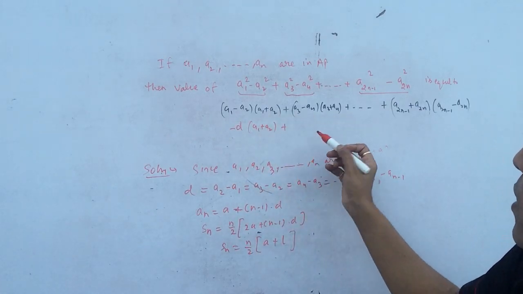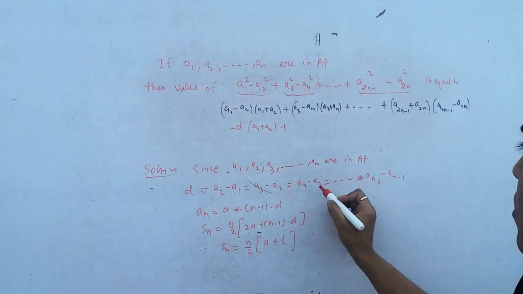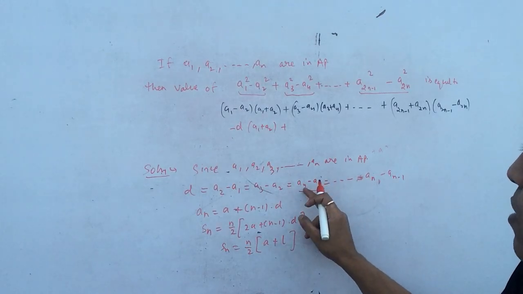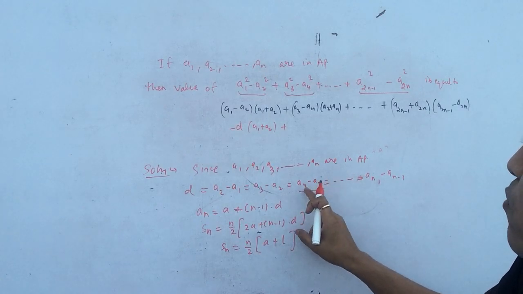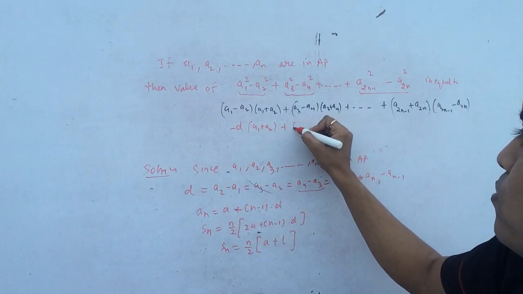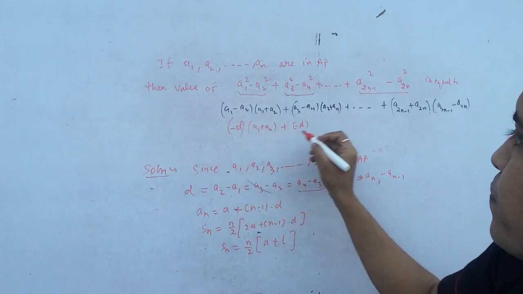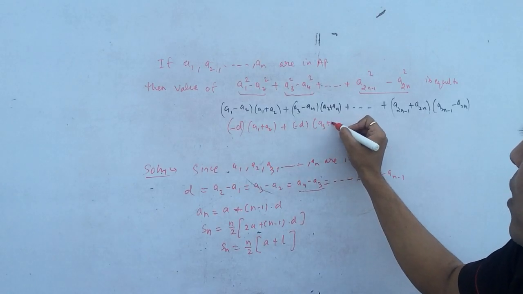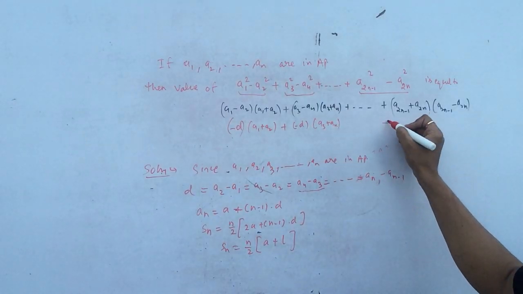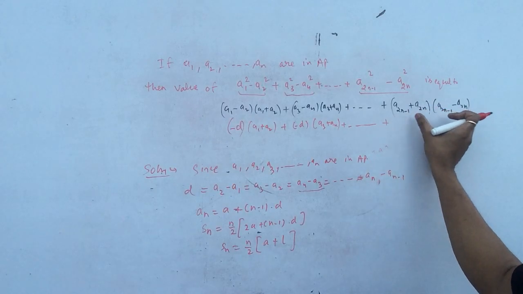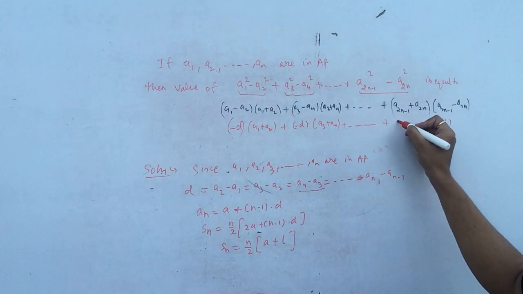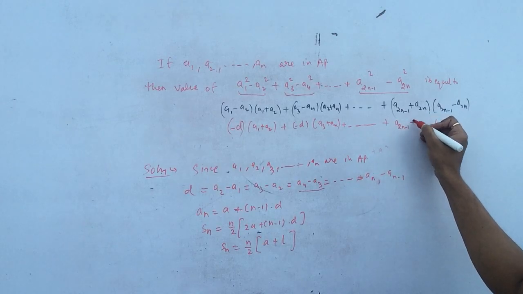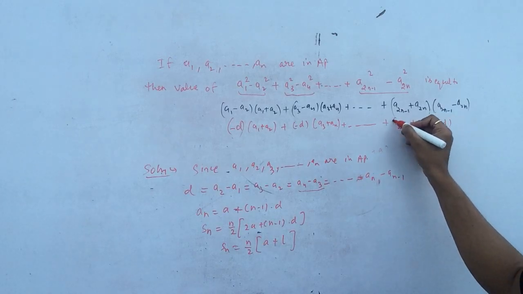A3 minus A4: A4 minus A3 is D, so A3 minus A4 would be minus D, so here you can use minus D times A3 plus A4. Similarly, this value would be minus D, the common difference, and you end up with A2n like this.